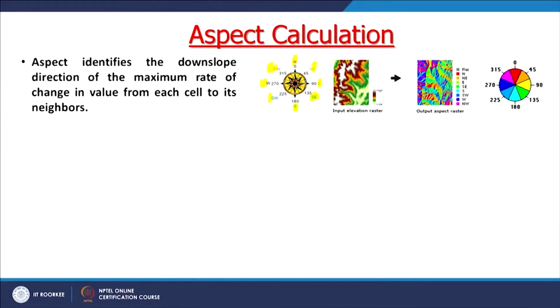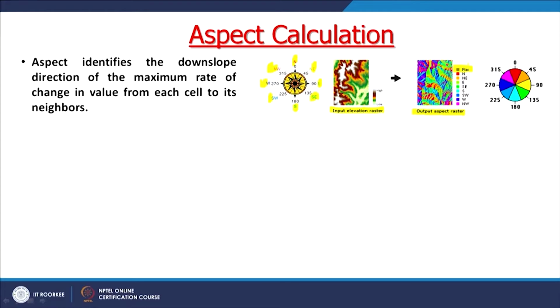Here, this example you have also seen earlier, this is our input image and this is the output raster. Here you would find that there are all 8 directions including one for flat, the top one, because flat indicates that there is no slope in the surrounding.